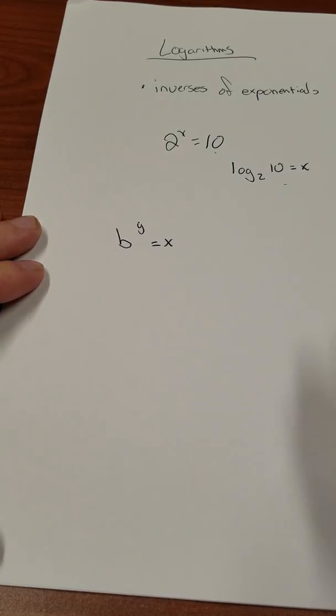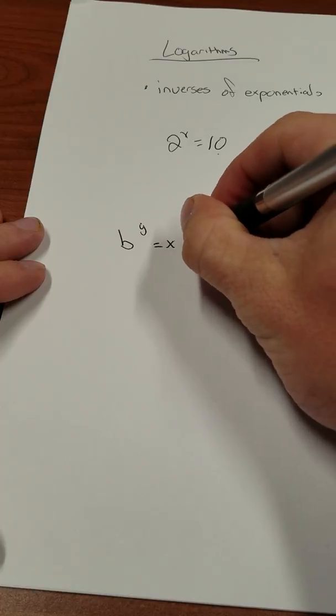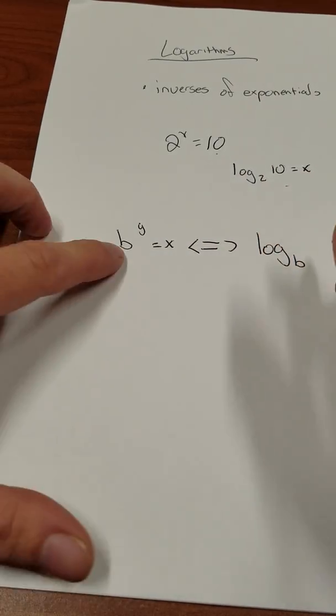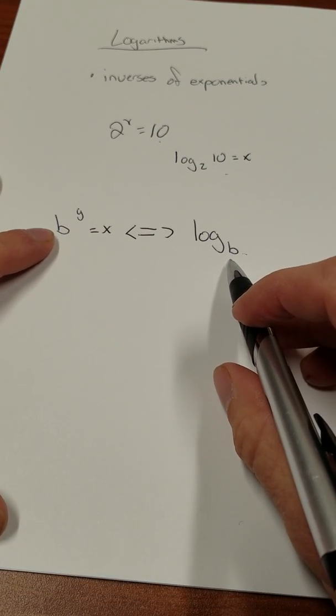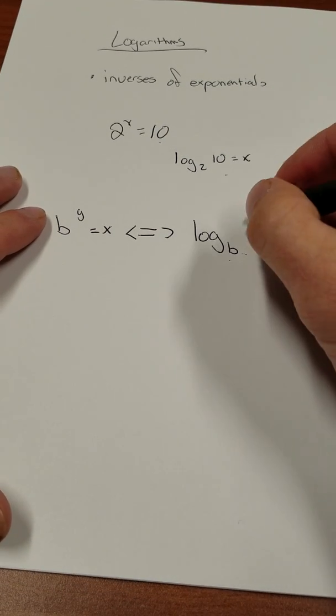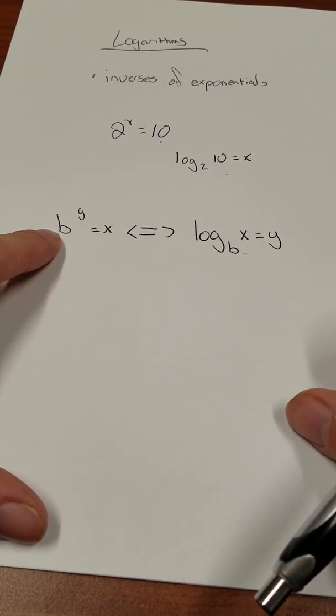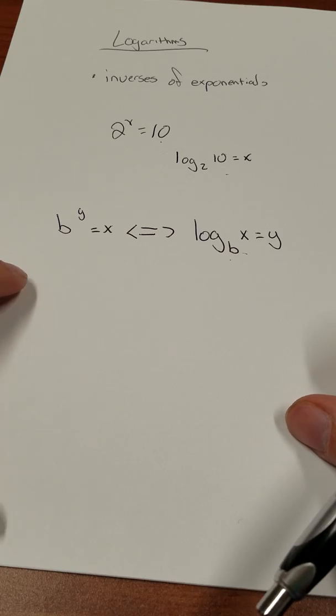All right, so we have a base to the y equals x. The way that we're going to rewrite this as a logarithm is log base b, so the bases stay the same, the bases never change, of x equals y. Once we use something from this side, we can't use anything else from this side.